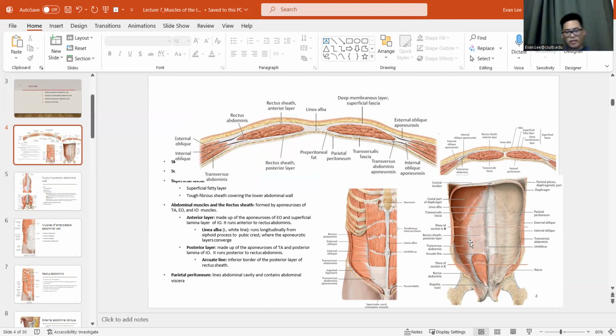Those respectively on the front, or on the anterior side, will be the anterior rectus sheath. And then you also have the posterior rectus sheath. So anterior rectus sheath and posterior rectus sheath surround the rectus abdominis.